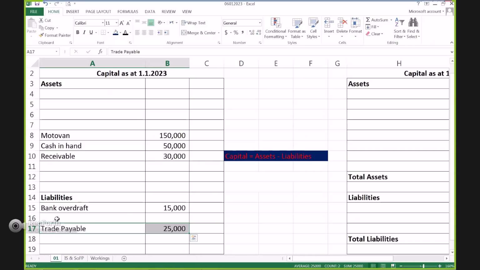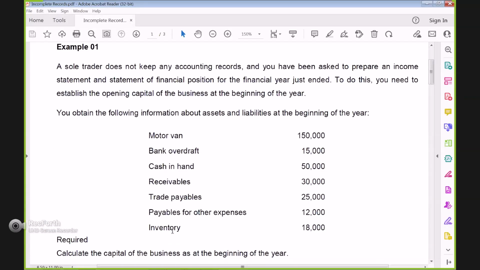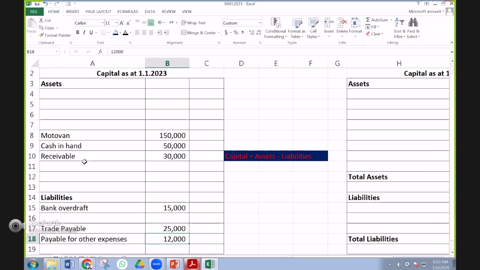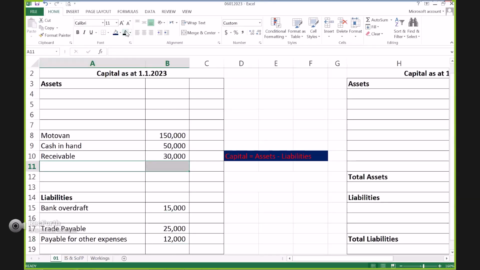So here payable for other expenses 12,000. Okay, payable for other expenses 12,000, liability. Then inventory. Inventory is the assets. Now you can identify.